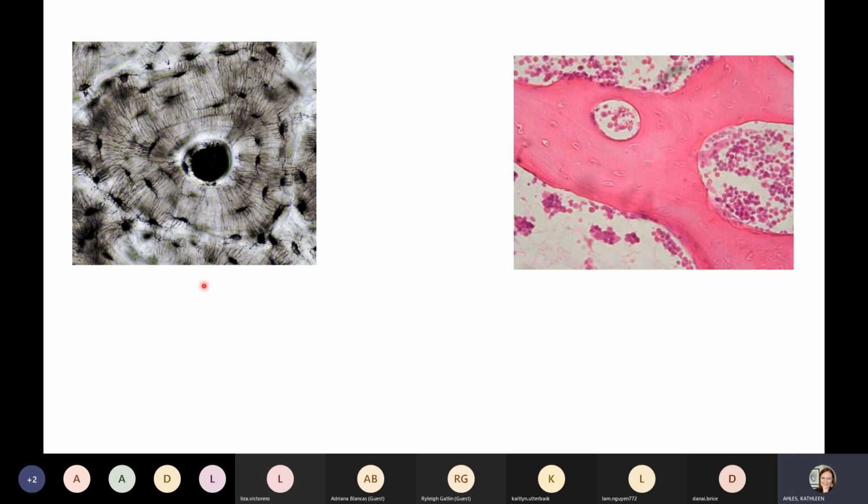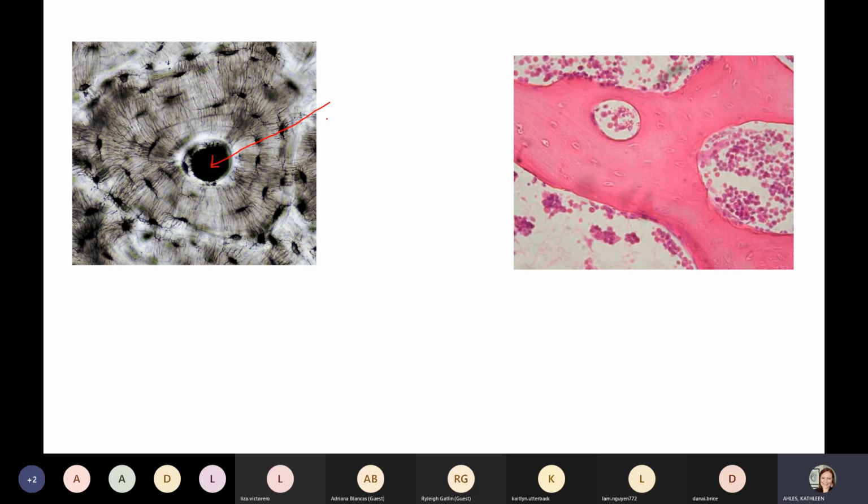Please take a moment to sketch this in your lab packet, because in addition to being able to identify this tissue, we also need to be able to identify some of the features on this tissue. When I look at compact bone connective tissue, one of the first things I see, and I'm going to do my best to label for you in my terrible writing, are those big black spots.